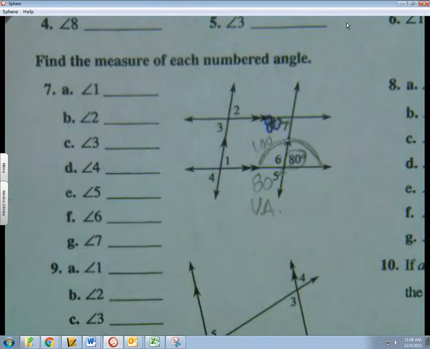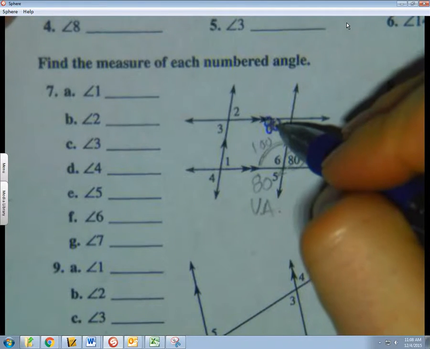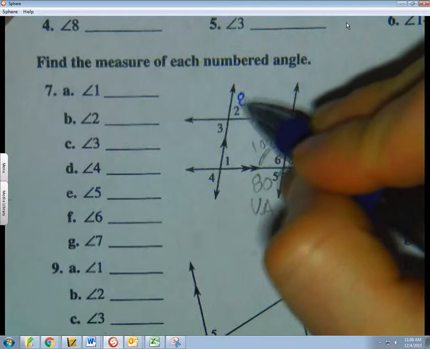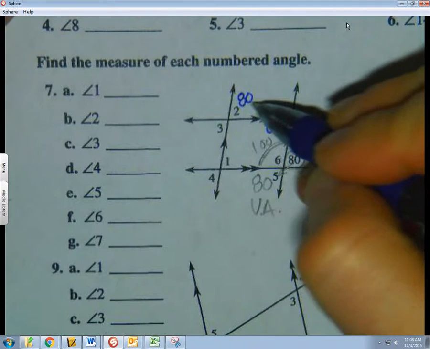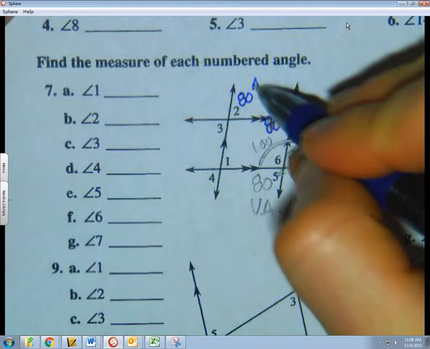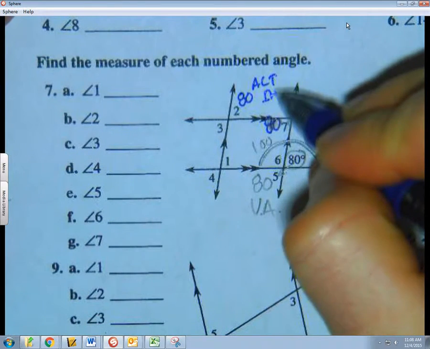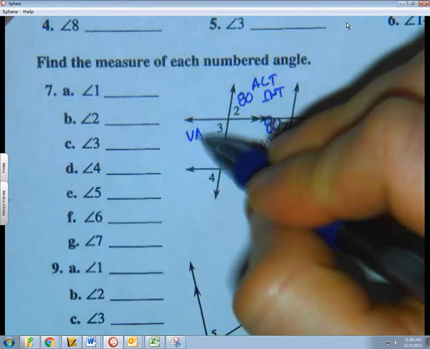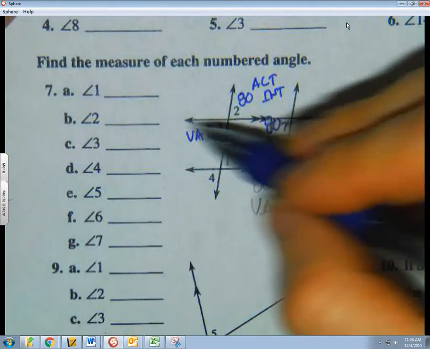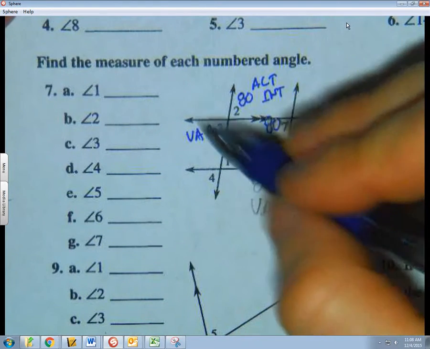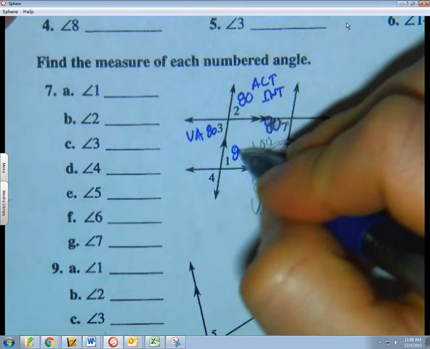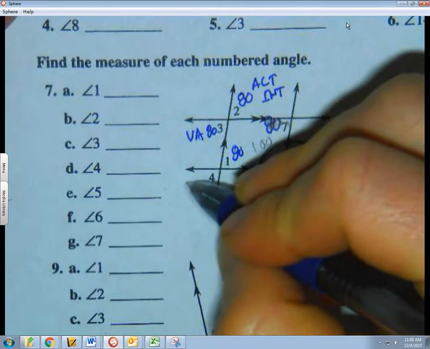So if this is 80, again, alternate interior, that would be 80. This is 80. That's 80 because they're vertical. If this is 80, 3 and 1 are alternate interior if we're looking at it this way. So that's 80. And then 4 is 80 because those are VA.